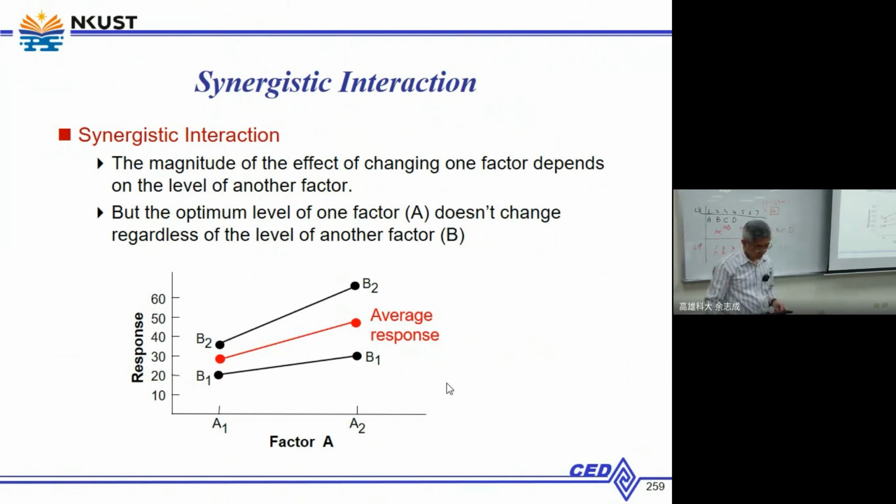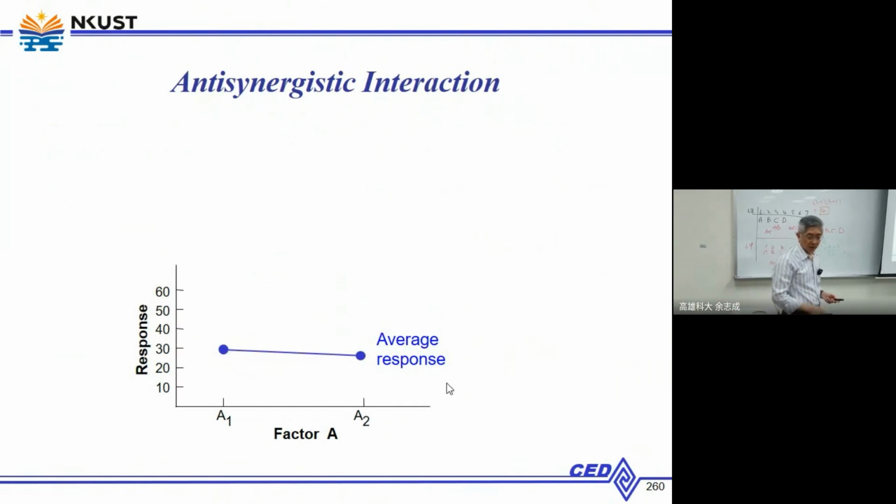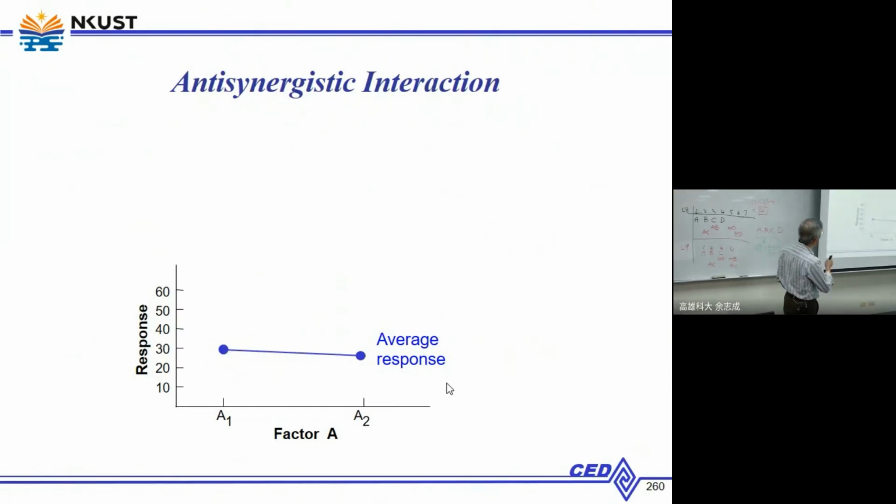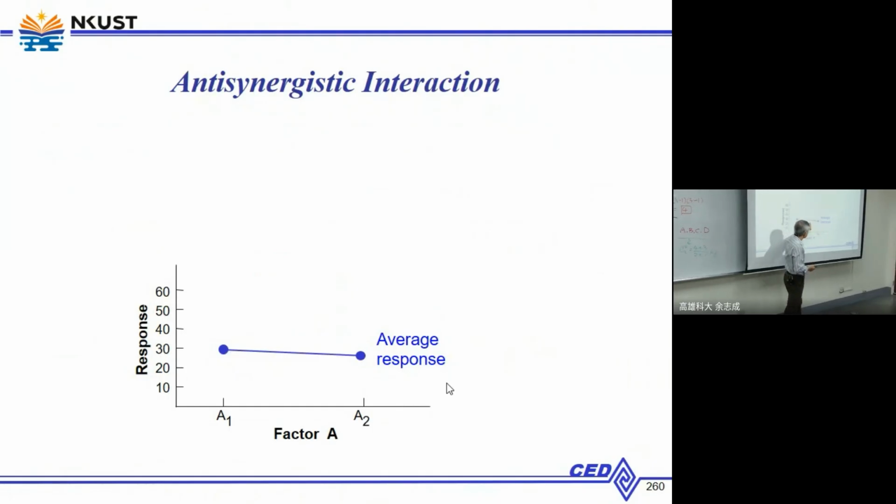This is the interaction plot. But if you have anti-synergistic, from the effect plot, you might have something like this. We can use the Excel example later. A1, A2 in the effect plot will look like that.